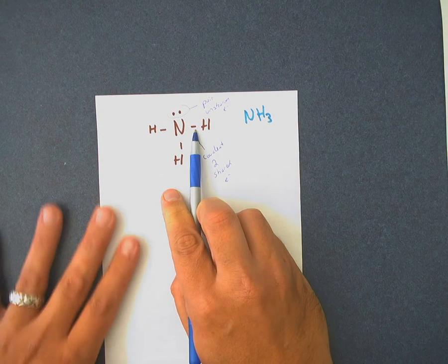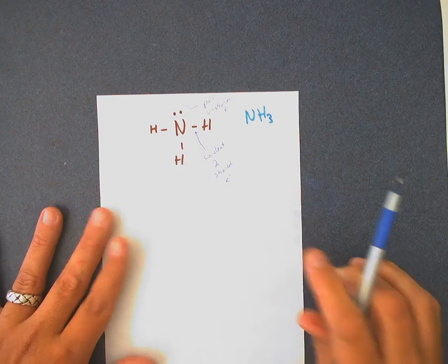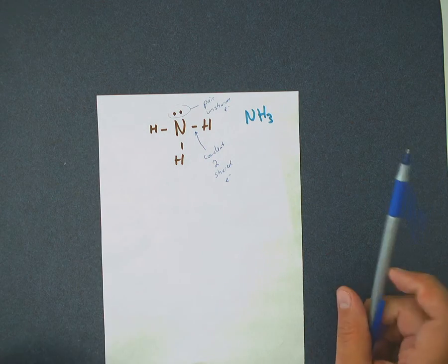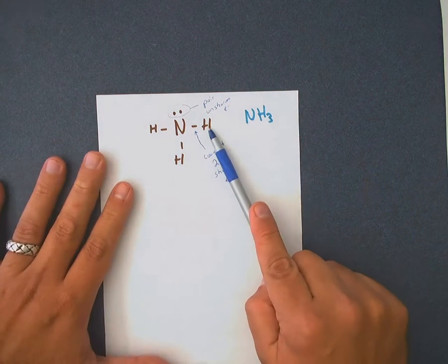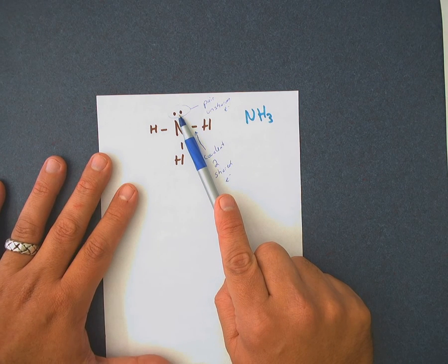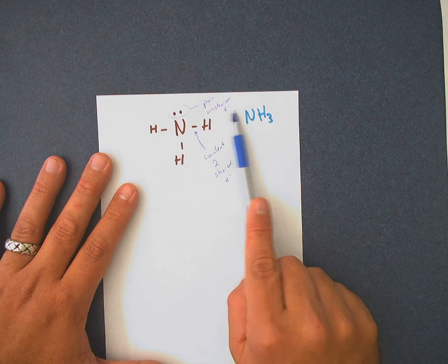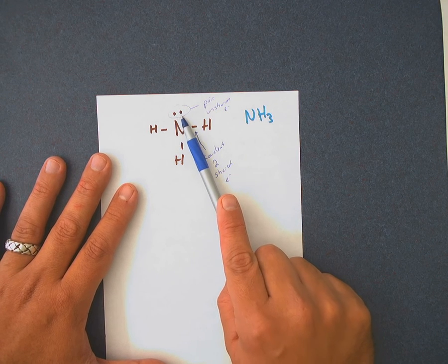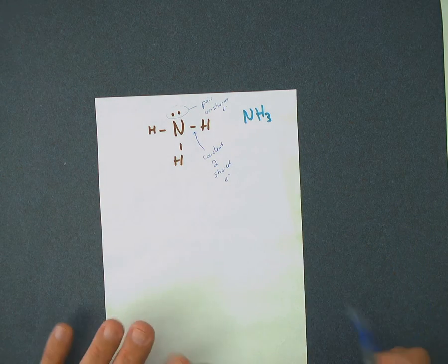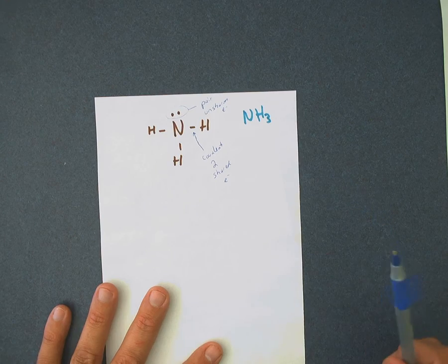So these electrons are being shared between nitrogen and hydrogen, helping us become stable with the octet rule, or the duet rule for hydrogen. So it's a pair of electrons that are unshared. Sometimes we call them an unshared pair of electrons. Okay. So we're going to learn how to take this green substance and make this brown picture.